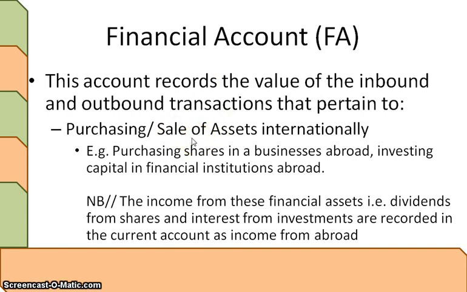Now, when you purchase assets abroad, you're investing in a country abroad. So what you're going to see is that will actually be recorded as money leaving your country. So even though purchasing a business abroad or shares in a business is something good for you, that's money leaving your economy, and in your balance of payments it is going to be representative as an outflow.